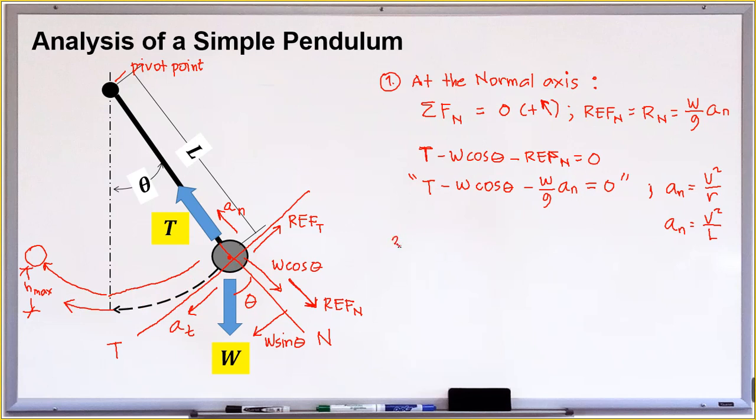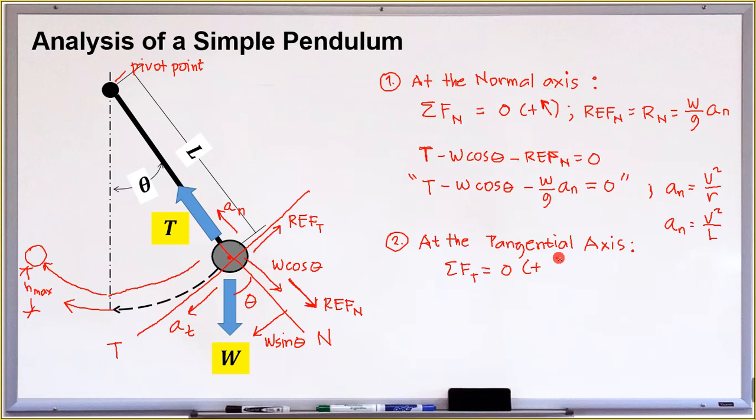Okay. So mag-perform pud ta og summation of forces at the tangential axis. Okay? So we have summation of forces along the tangential axis is equal to 0.